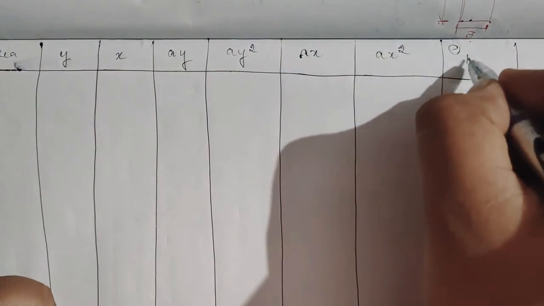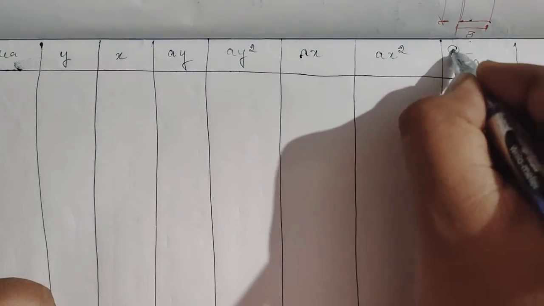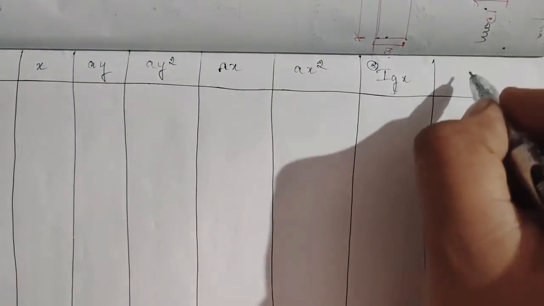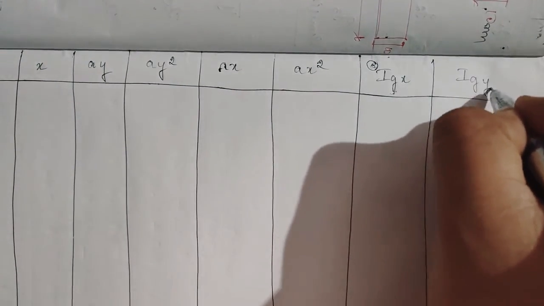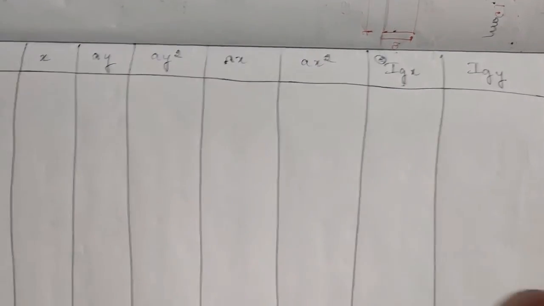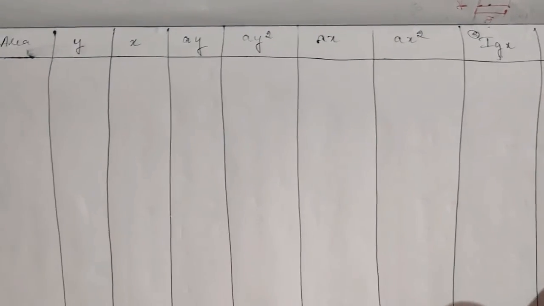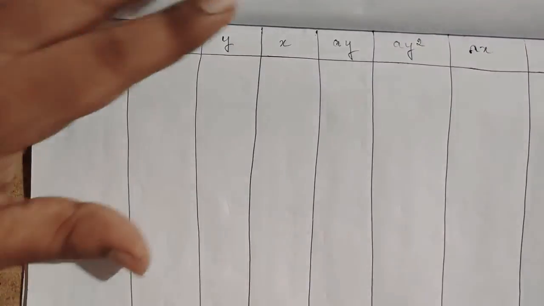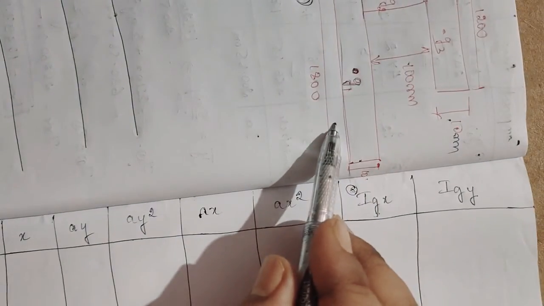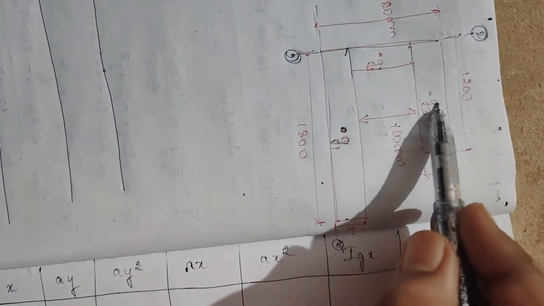After that I in the gx, centroidal axis about x axis, centroidal axis about y axis. So this problem will cover all your concepts. So first component is G1. Next components are G2, G3.